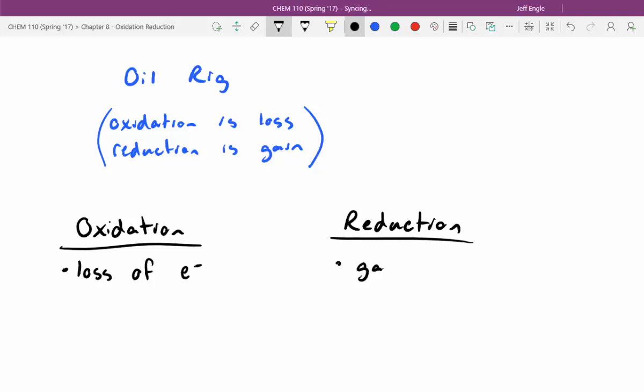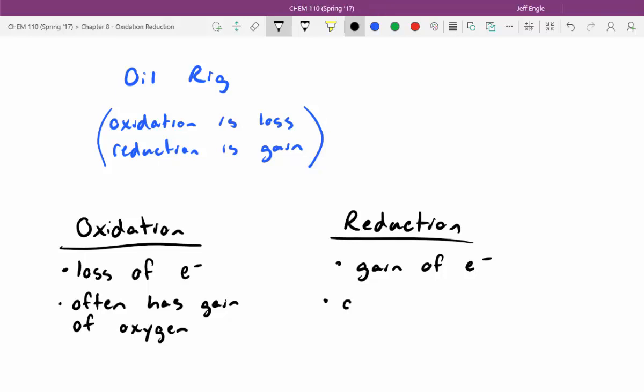Reduction always has a gain of electrons. Oxidation often has a gain of oxygen, but not always. And we said reduction often has a loss of an oxygen.